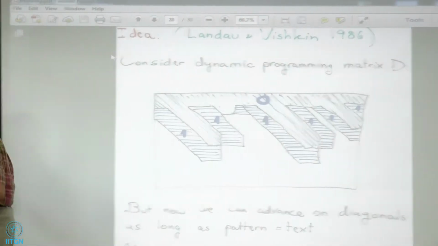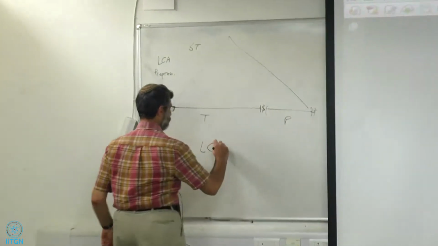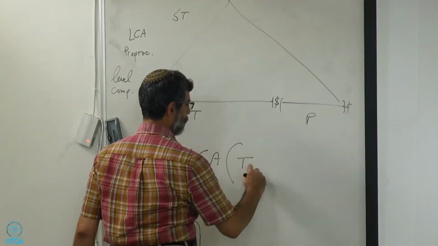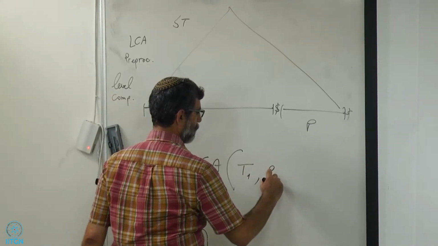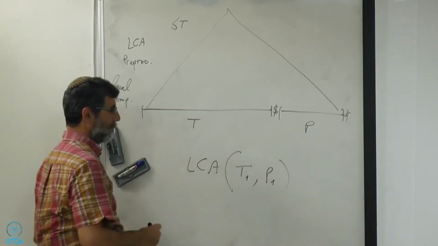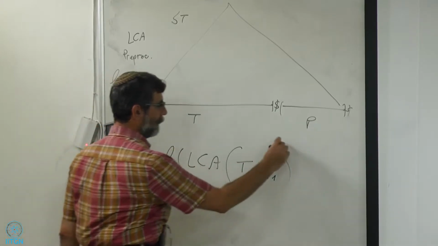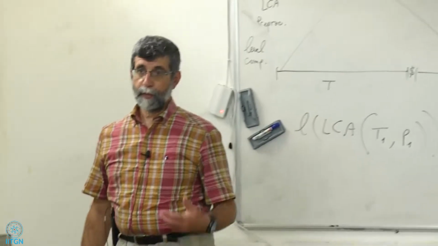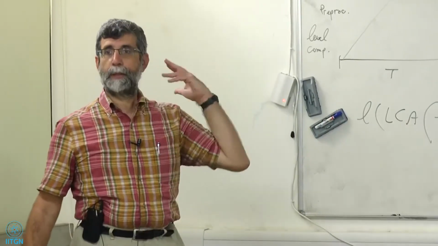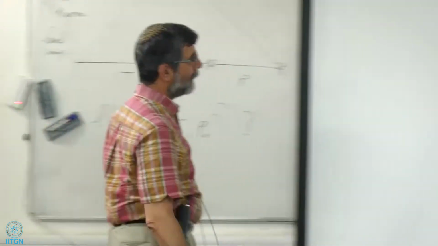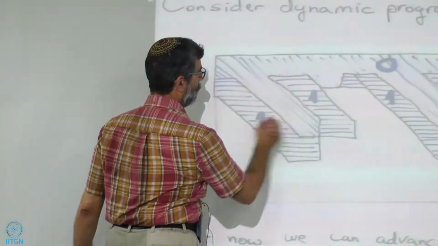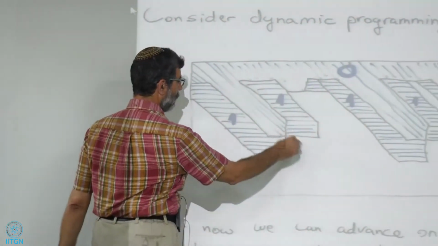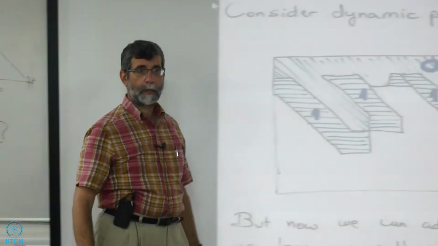So what we're going to do is an LCA query between the first position in the text and the first position in the pattern. And we're going to ask, what's the level? If what we get here is 7, then that means that we can go all the way up to 7, and then there's going to be a different value.